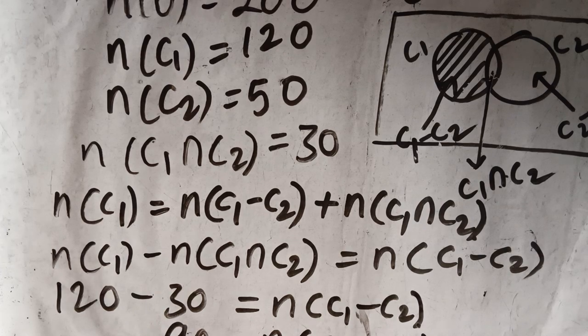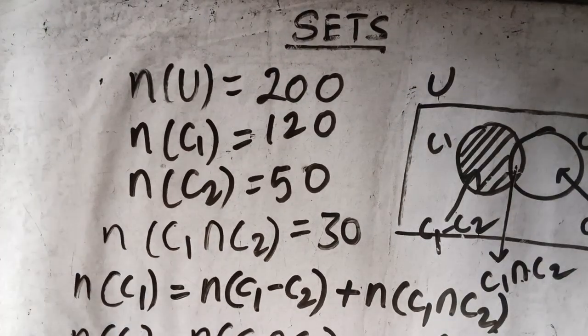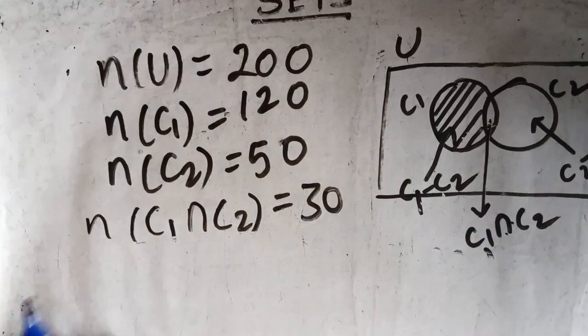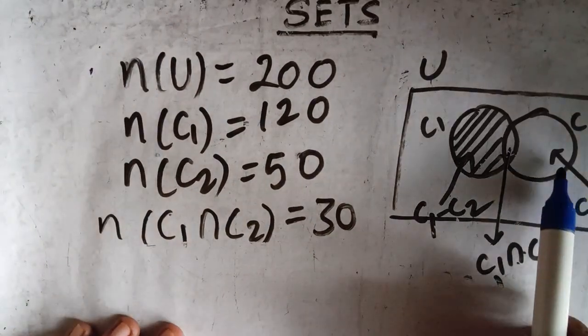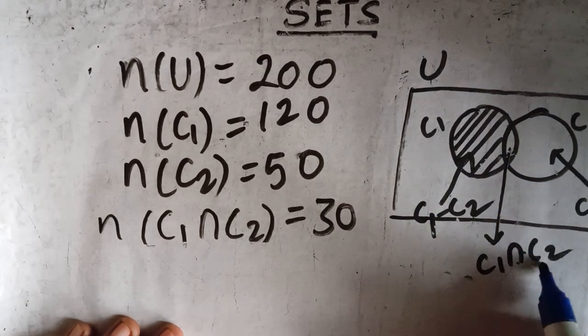Next is chemical C2 but not C1, so we need this C2 minus C1, that other part. The same way you have to calculate. We need this, but we need a part from this also, that is C2.